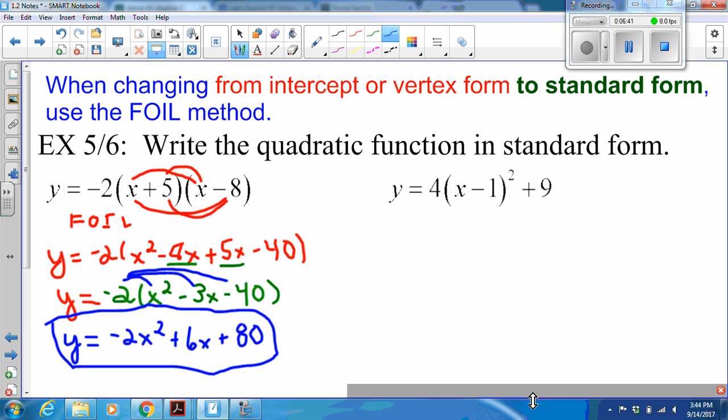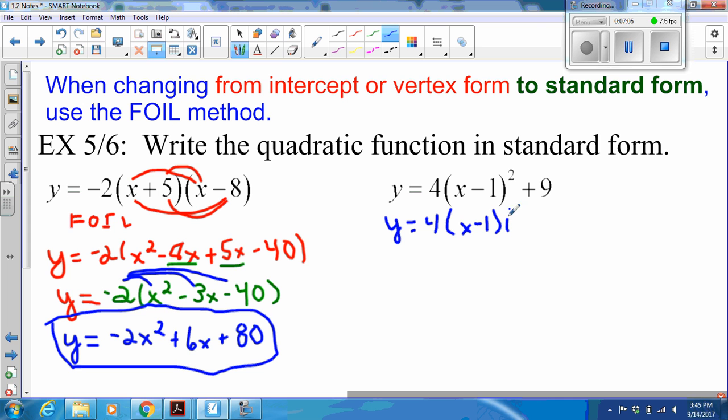Okay, so now what happens if we have it in vertex form and we want to get into standard? If you look here, we have x minus 1 squared. The squared does not distribute to the x and the 1. What we have to do is rewrite x minus 1 squared as x minus 1 times x minus 1, and then I add 9 at the end.